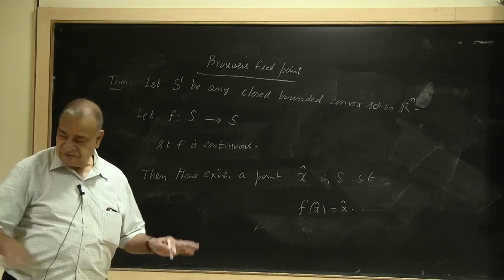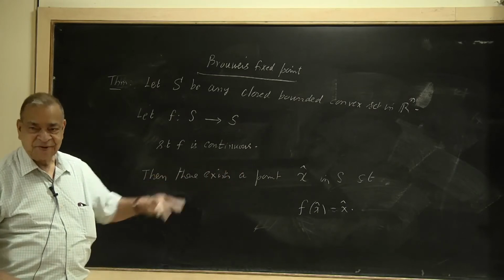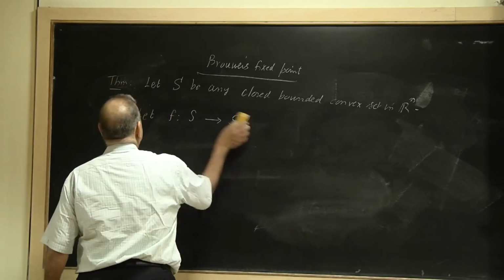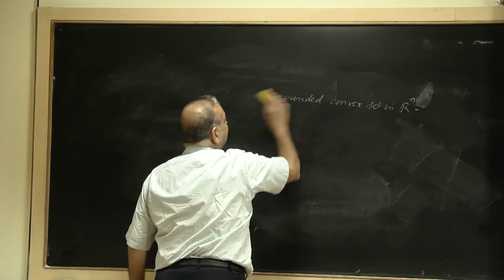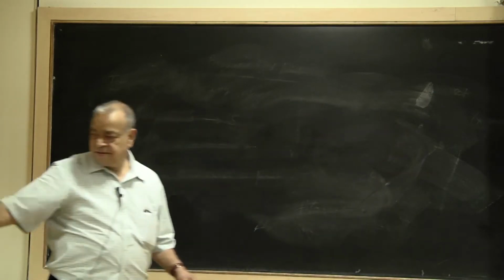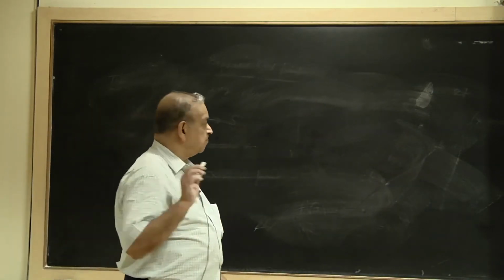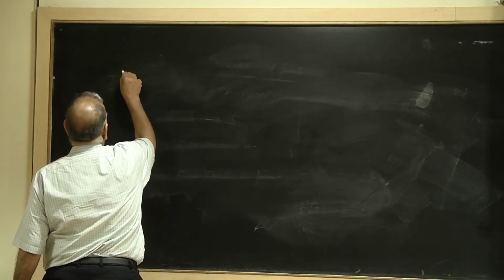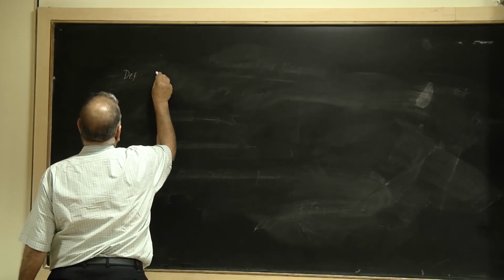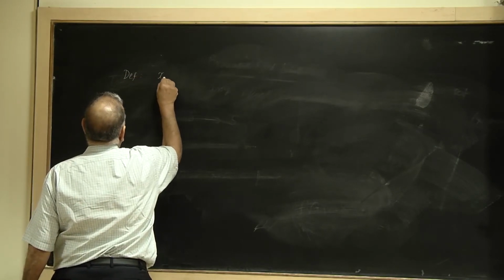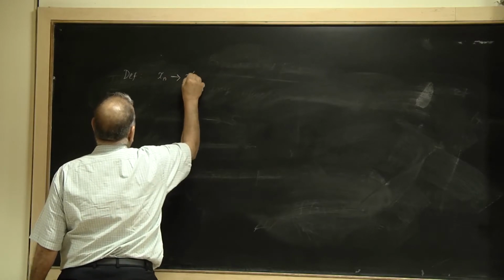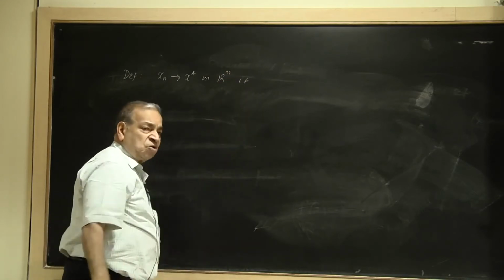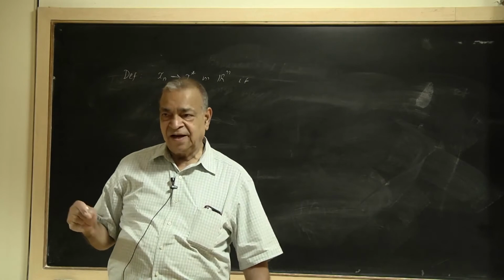One more thing which I mention with this continuity, because I have to tie it with the Hex theorem. Definition: xn tends to x star in Rn if you know the norm of a vector.